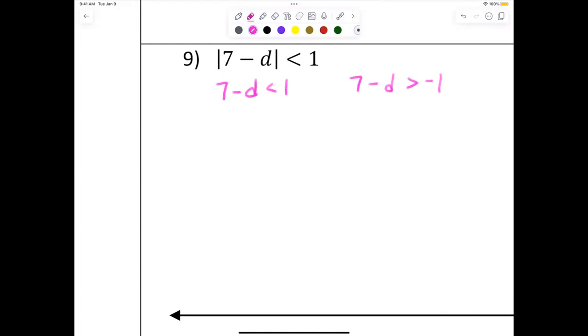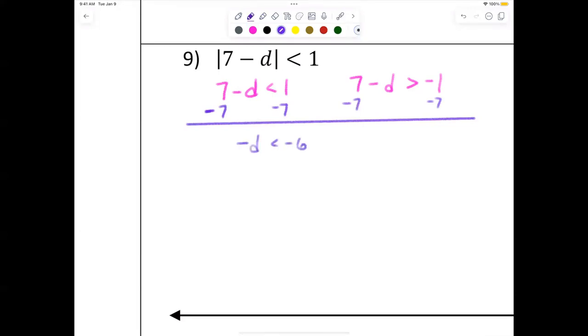Now I want to do what? Subtract the 7. Anybody have any problem with that?